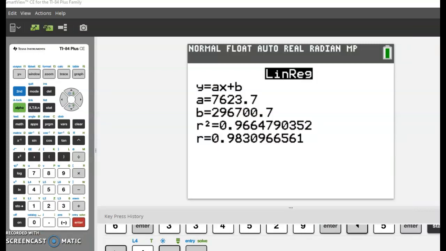I remember that the correlation coefficient is the R value, not R squared, simply R, and R equals 0.98. That's my correlation coefficient, which means there is a strong positive correlation between the number of years and the freshmen enrolling. As the years increase, the freshman enrollment increases.